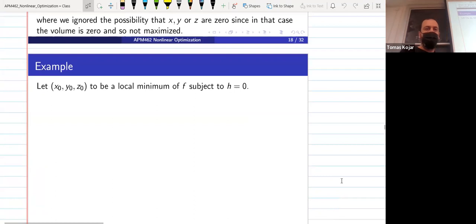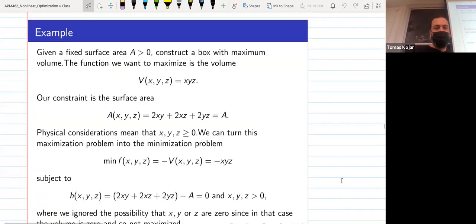All right. So let's do it. We want to find the local min subject to the surface area equaling exactly A for the box.